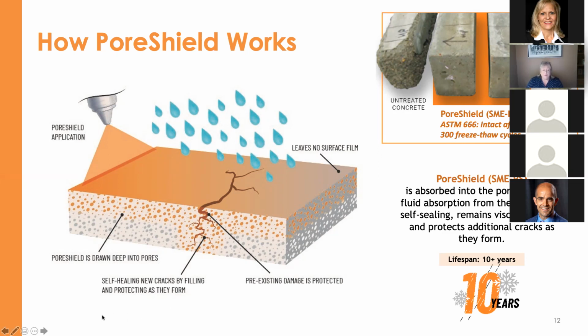It's a viscous material that adheres to the concrete pores and is protecting pre-existing damage and filling those pores to prevent future damage. Now, one of the things that happens is, should something happen, let's say there's shifting or impact or some new crack or fissure occurs, this viscous material will go by capillary action and fill and self-heal, continuing that protection long term.